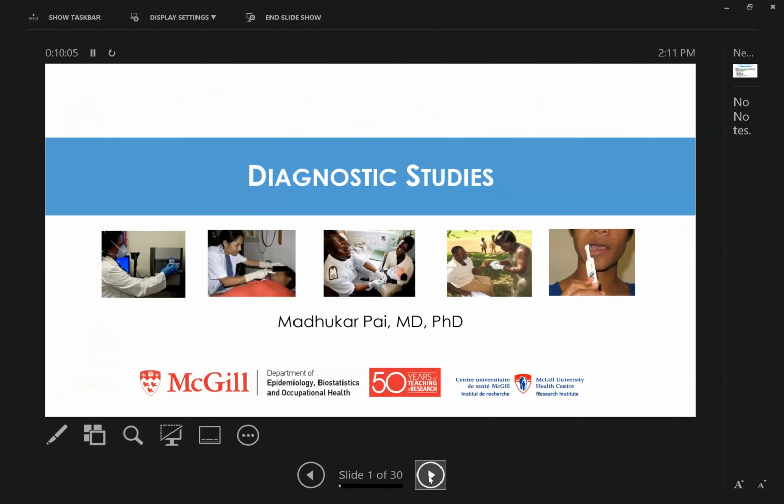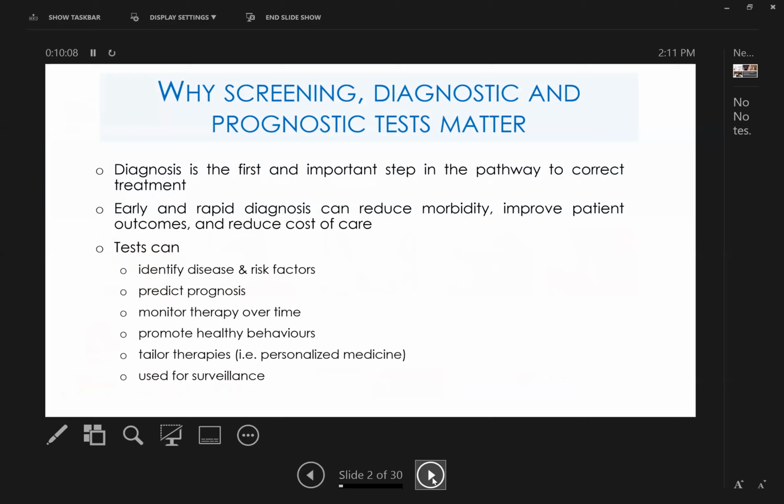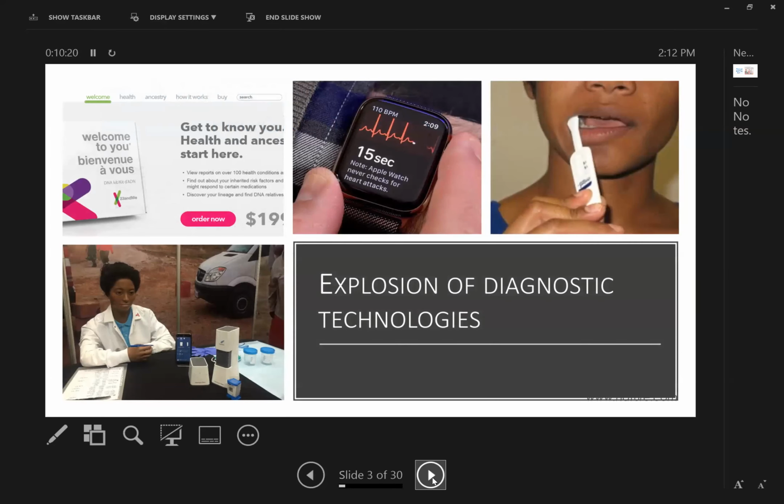All right, so I was just trying to explain why screening and diagnostic tests really matter, how important they are to detect disease, predict prognosis, monitor treatment over a period of time. And then I also gave you examples of an explosion of various diagnostic technologies that are now available, including home-based tests, wearable devices, and so forth.